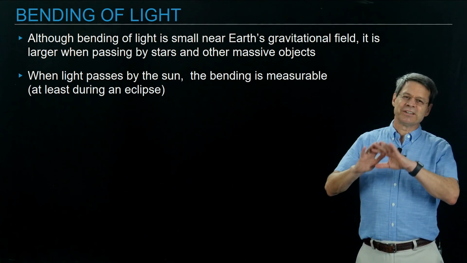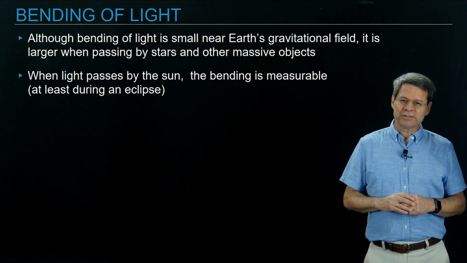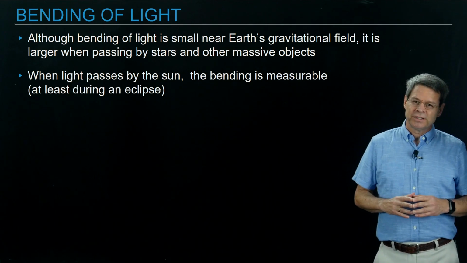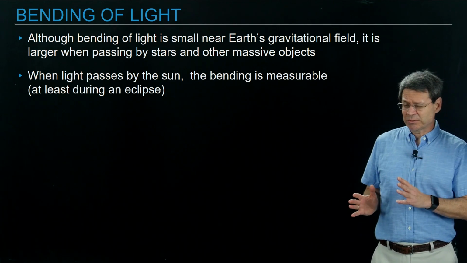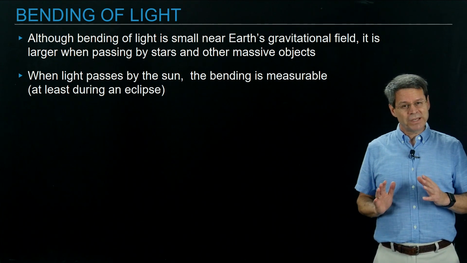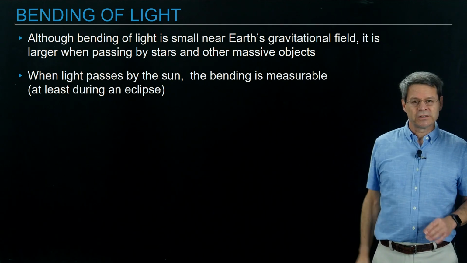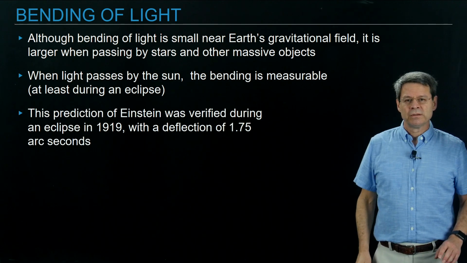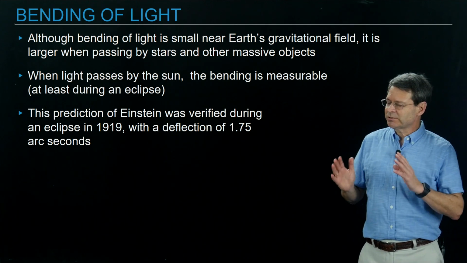Then we can see the night sky in a total solar eclipse, and we can see stars that are near the sun. And in fact, if this equivalence principle is correct, and Einstein's general theory is correct, light should bend if it passes close to a massive object like our sun.